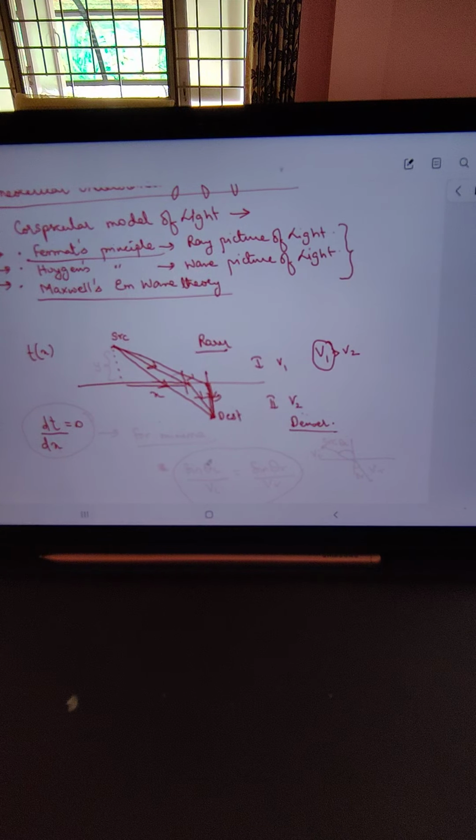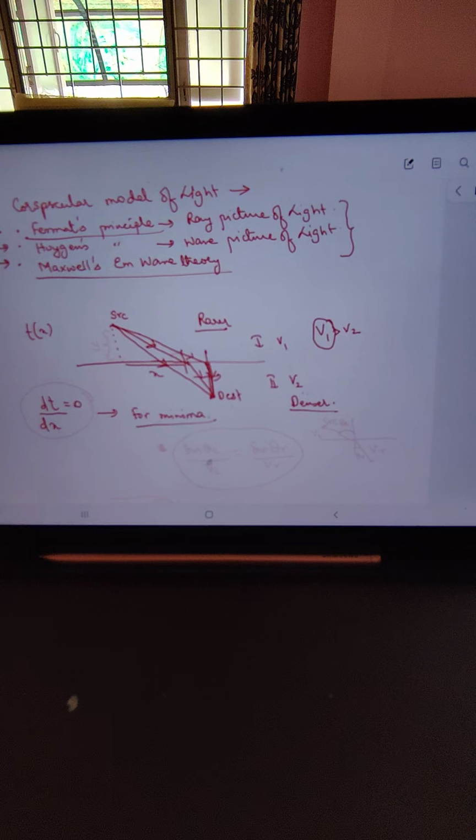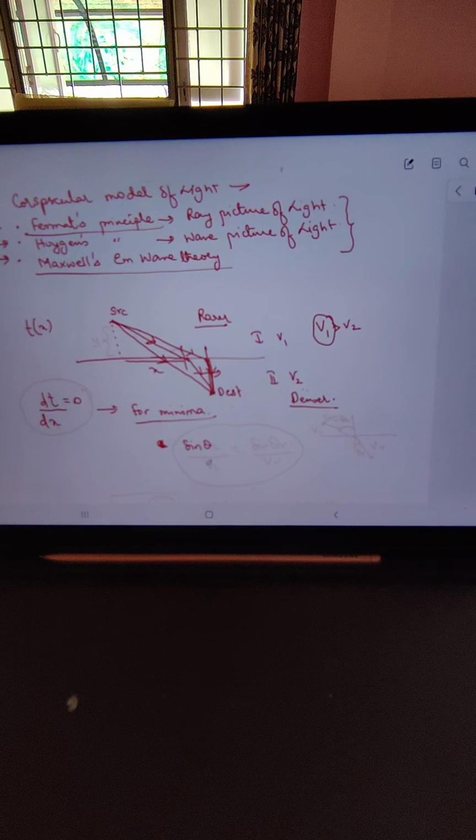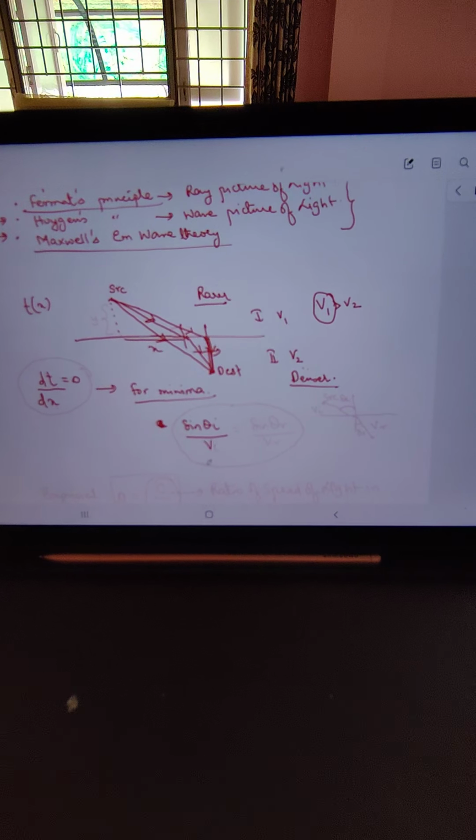You want time to be minimum. For minima, this is the general procedure of calculus. What you get out of that is sin theta I by vI is equal to sin theta r by vr.